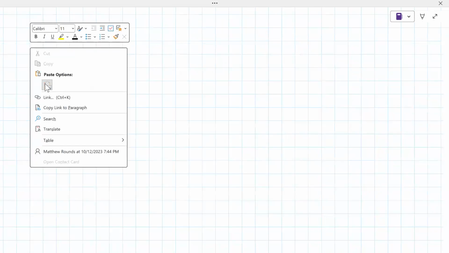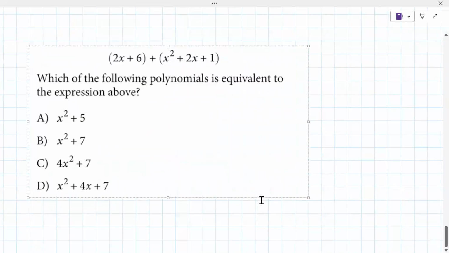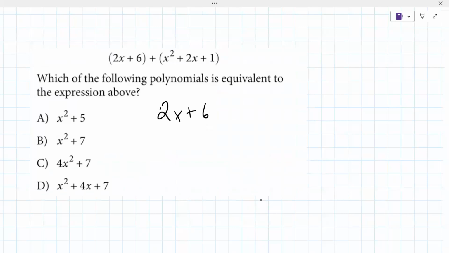All right, so this is a lot like the previous one. The parentheses are not needed. 2x plus 6 plus x squared plus 2x plus 1. Those two x's right there, they're the same.